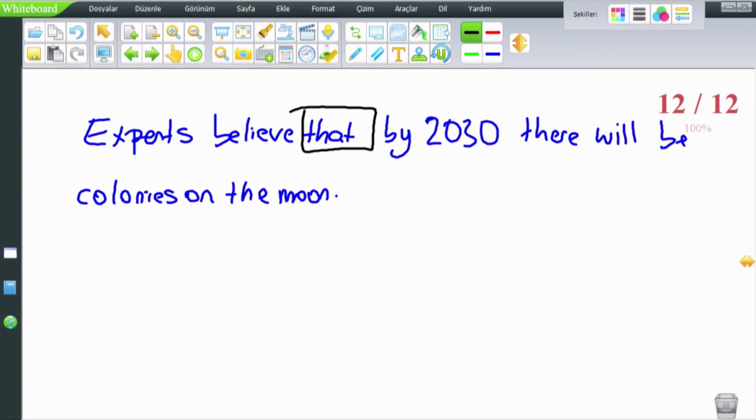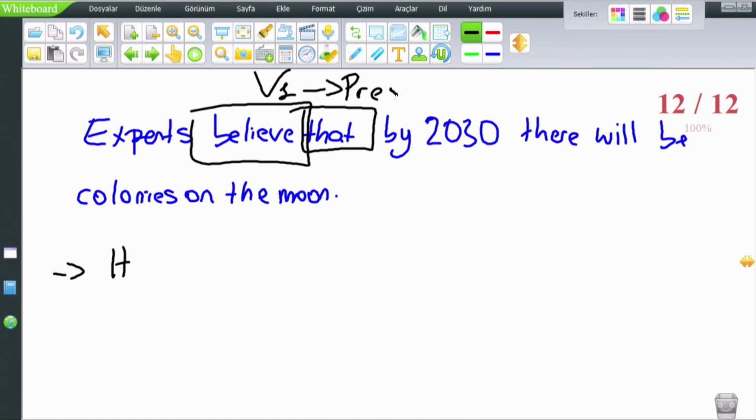So I will start my sentence with it, then find the actual verb, which is formed in verb 1, present simple. So I will continue. It is believed.